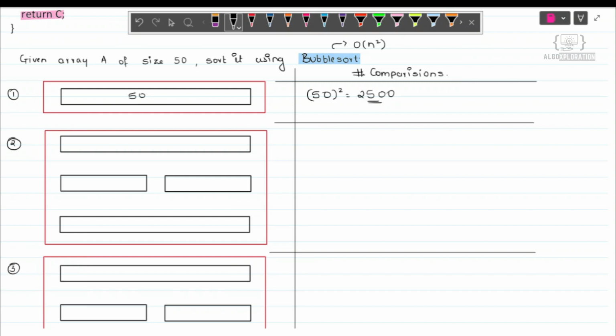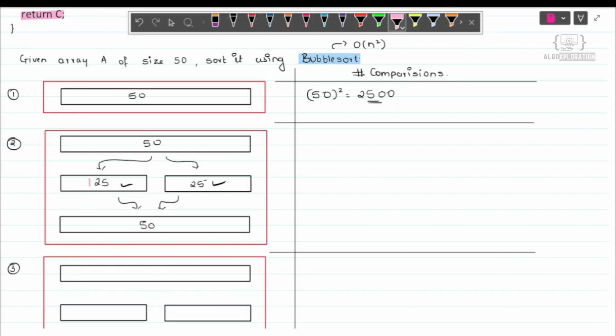Now the second case is, here the size of the array is 50 and we are dividing it into two halves. The number of elements here will be 25 and here also 25. We have to sort this first and this first, and then we have to merge it using the merge algorithm.